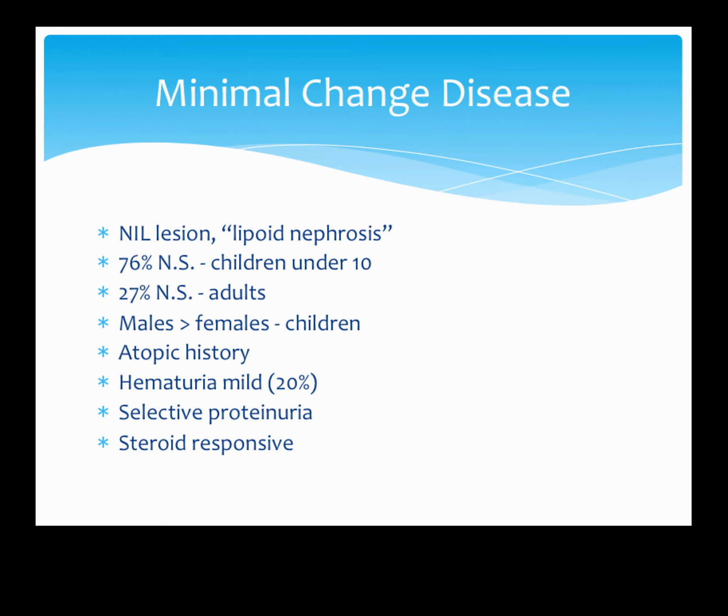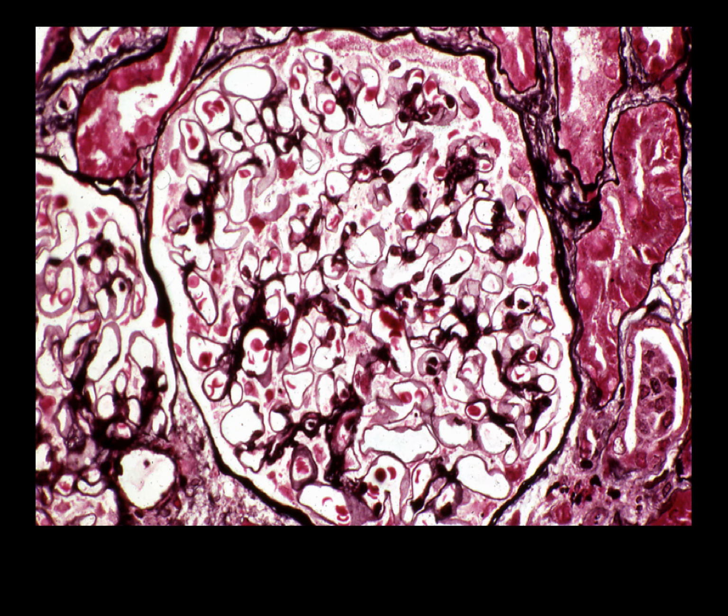Patients with minimal change disease have relatively little, if any, red blood cells in their urine, and they tend to have a very selective proteinuria where they excrete just albumin, which is the smallest of the proteins that are usually secreted into the urine in patients where there is loss of protein. Generally, minimal change disease is very steroid responsive, although not always.